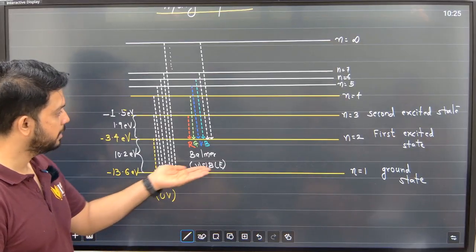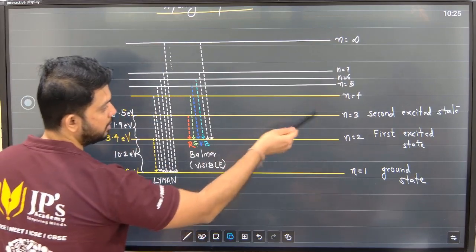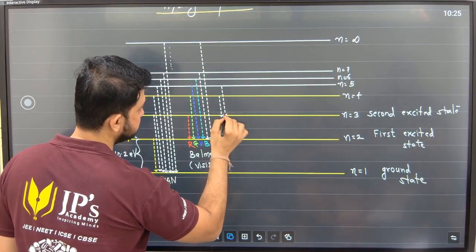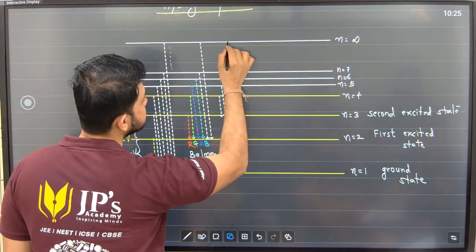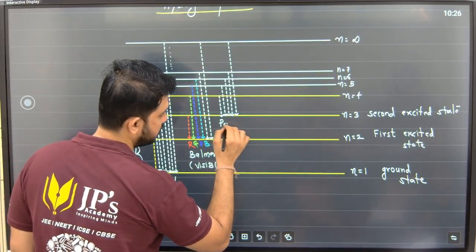So Lyman, Balmer, and for all transitions in the second excited state, this is called Paschen.